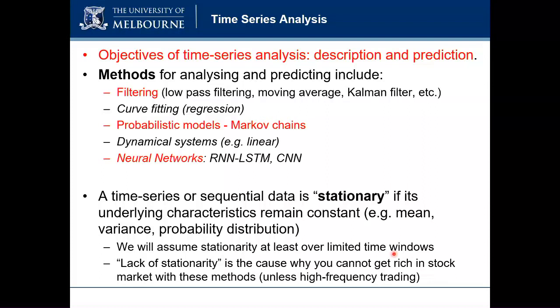It's impossible to get it right. Nobody has a crystal ball. The same thing applies here. If you have time series data and there is no stationarity window, the underlying characteristics keep changing, that means if you train on what you have already, tomorrow everything has changed, so your training is worthless. It will not work, right? So therefore, stationarity, at least over some time window, is a necessary assumption, just like we did with supervised learning. It's a corollary to that.